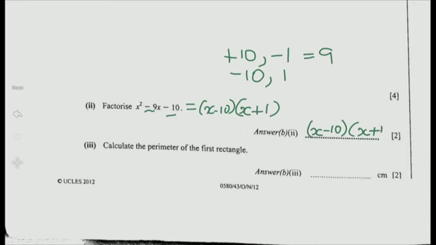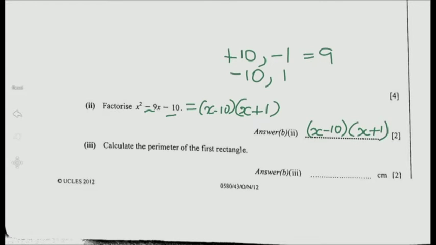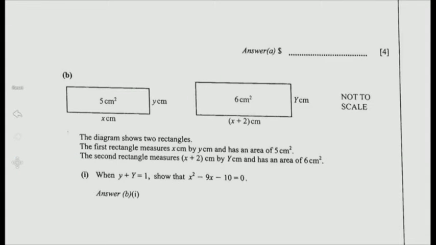Yes. Then calculate the perimeter of the first rectangle. Let's have a look at our first rectangle there. So this is our first rectangle.